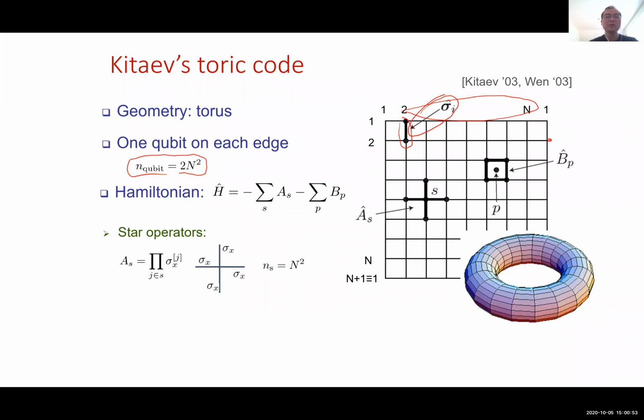One is called the star operator. The center of the star is on the vertex, and the operator acts on 4 neighboring qubits, like this one, 1, 2, 3, 4, in a product way, so basically sigma x, sigma x, sigma x. Sometimes we just use X.